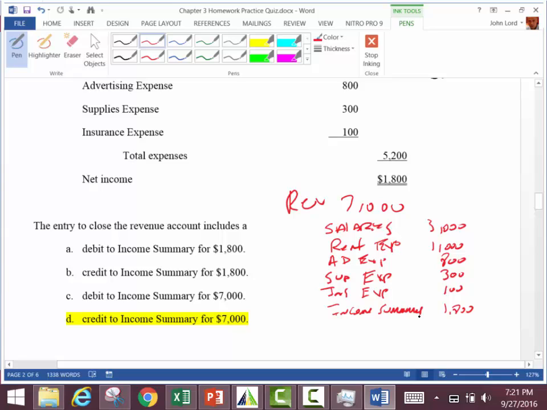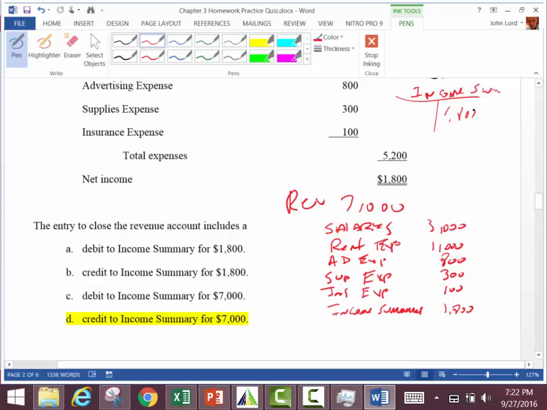If I'm looking at income summary, of course, it would have started the year with 0. And now I just credited it for 1,800, didn't I?